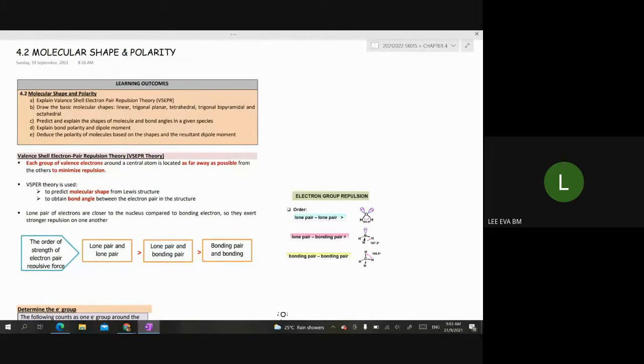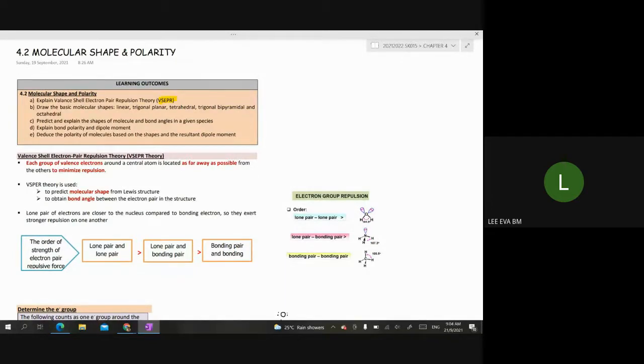So proceeding into your 4.2, explain valence shell electron pair repulsion theory, or in short, we call it VSEPR. Or you can hear some of the lecturers say Vesper Theory. I don't know where it comes from lah, but VSEPR sometimes is called Vesper in short.